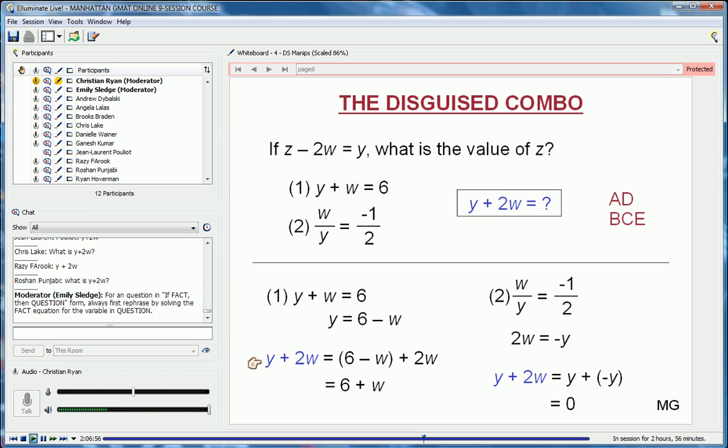So you notice when you manipulate around y plus 2w, you could actually get all the way down here by simply adding w to both sides. You could do it the way we've shown here, which is solve for y and then plug y into the combo you're looking for. Or you could simply say, if I know that y plus w equals 6, I can simply add w to both sides, and I get 6 plus w equals y plus 2w.